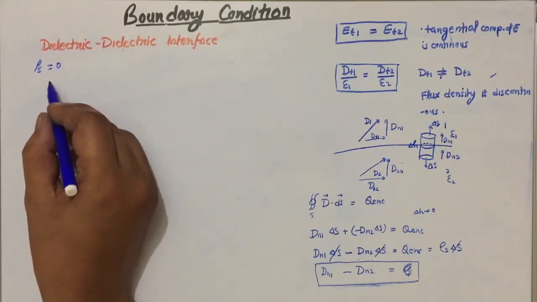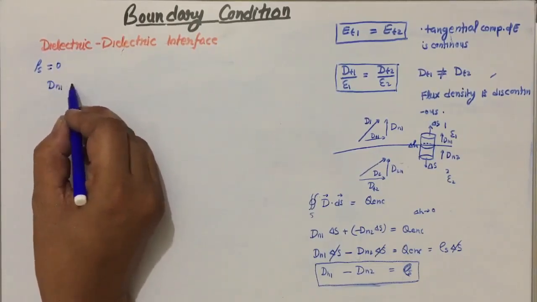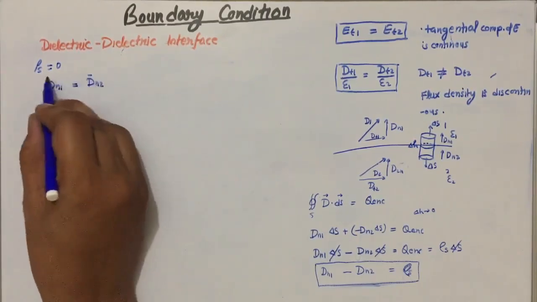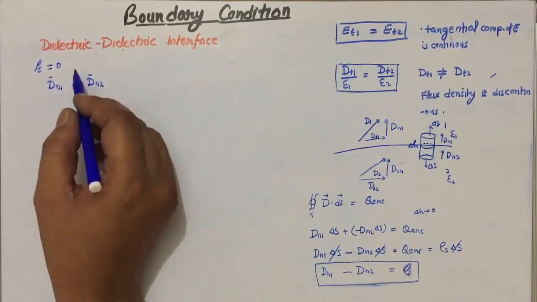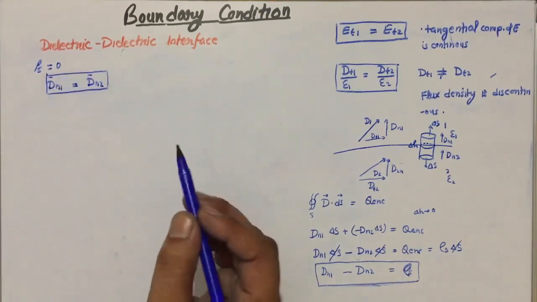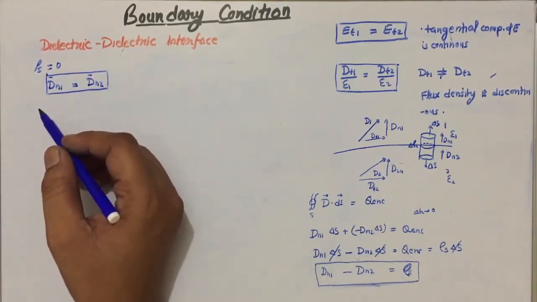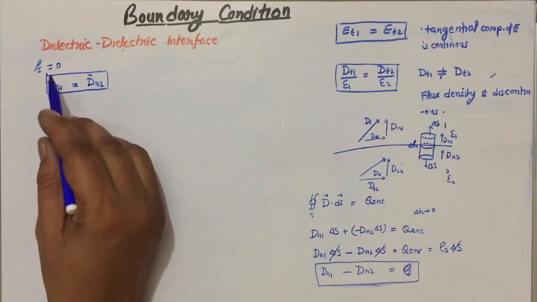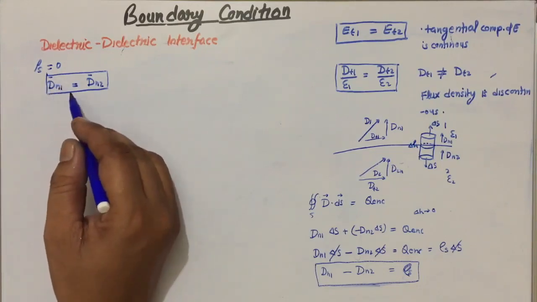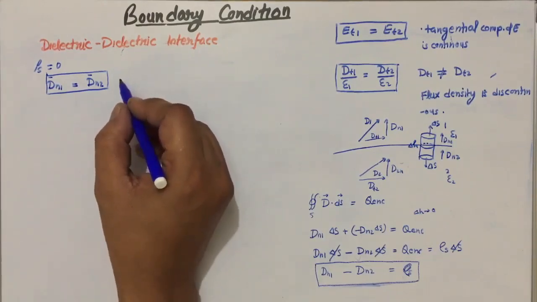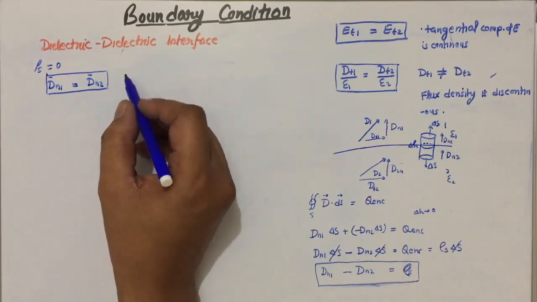In that case, flux density Dn1 will be equal to Dn2. So if there is no free charge at the surface, the normal component of the flux density is continuous at the boundary.